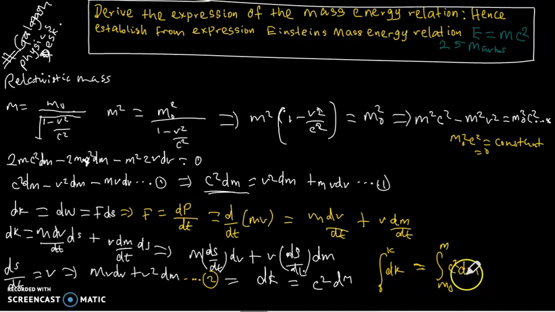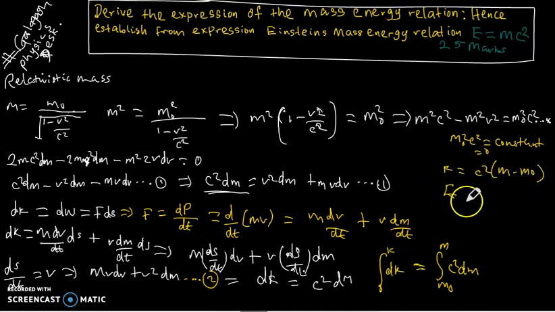If we integrate this, we simply have k equal to c squared into m minus m naught.